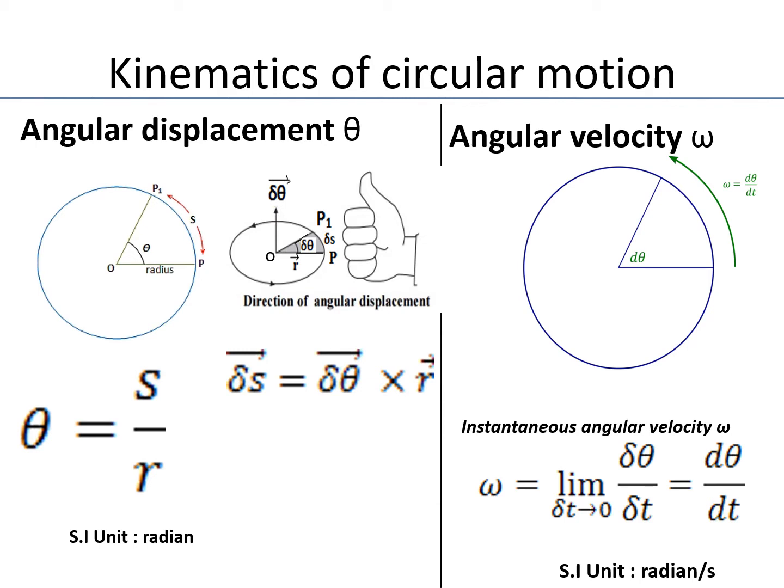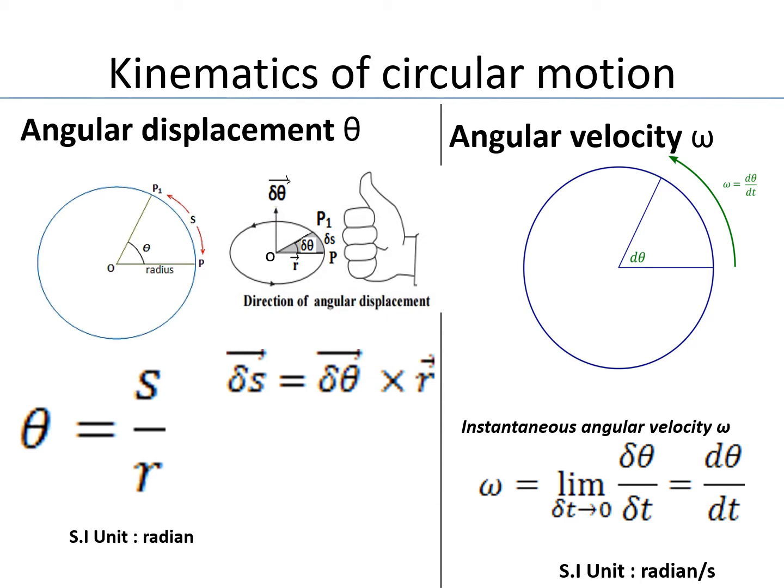The particle has moved from position P to point P1, that is the arc of the circle PP1, which is denoted by S. So angular displacement is defined as length of arc divided by the radius of the circle. This has been defined from a very simple bookish definition, that angle is arc length upon radius.